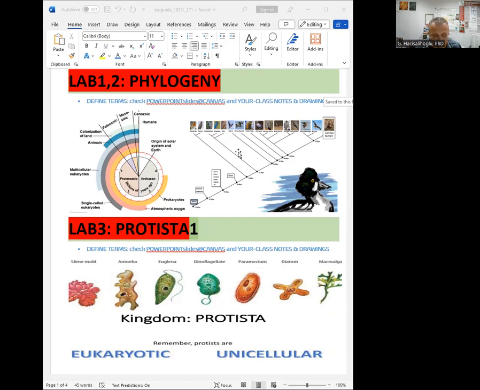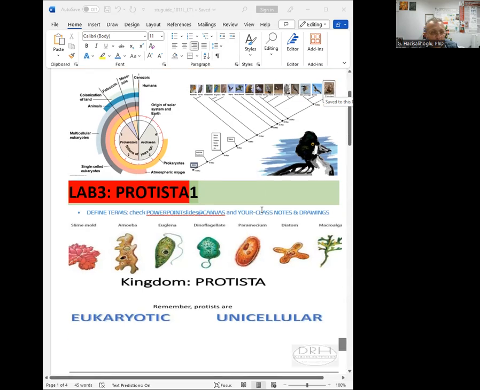So anything that is a eukaryote minus plant, animal, and fungi is listed under this group called protists. Protists have 5 supergroups. In this picture, you can see different groups like slime molds, amoeba, euglena, diatoms, macroalgae, dinoflagellates. These are some representative species under this kingdom Protista.